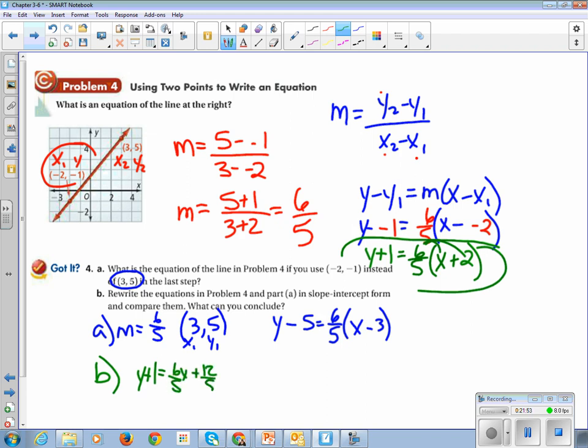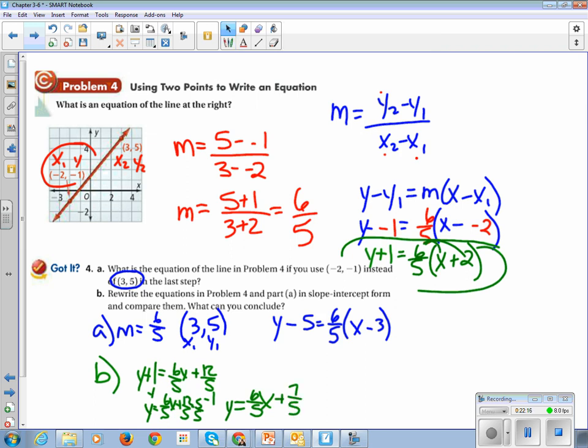I'm going to subtract 1 from both sides. I get y equals 6/5 x plus 12/5 minus 5/5. Finding a common denominator. So at the end of the day, I have y equals 6/5 x plus 7/5.